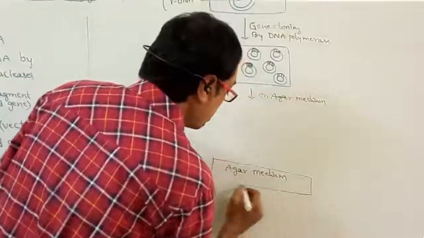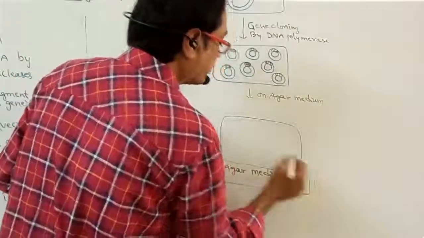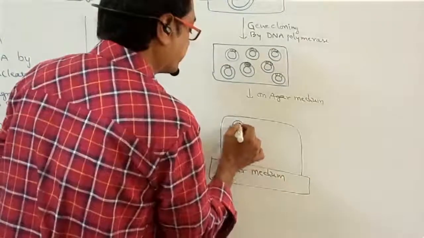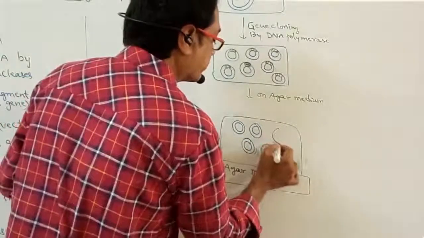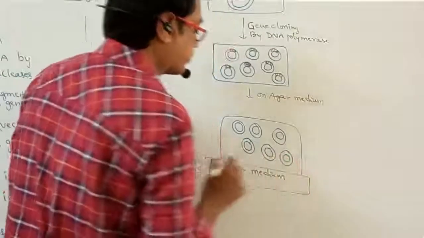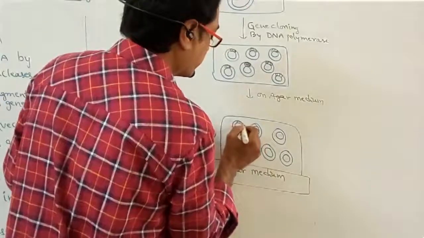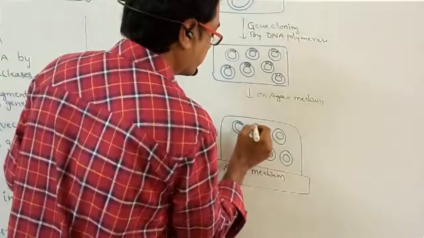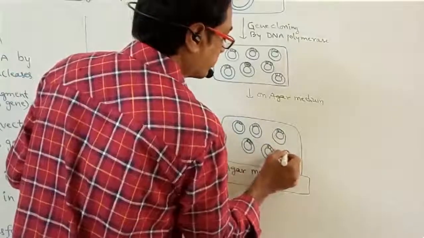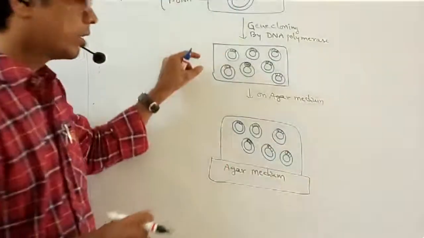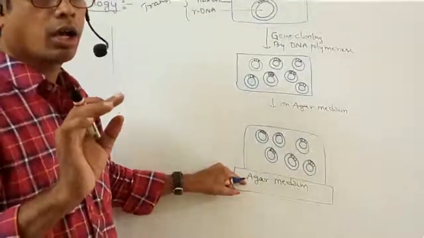This is nothing but agar medium, and this cell is placed on it. So the host cell with many rDNAs is placed on a medium called agar medium.